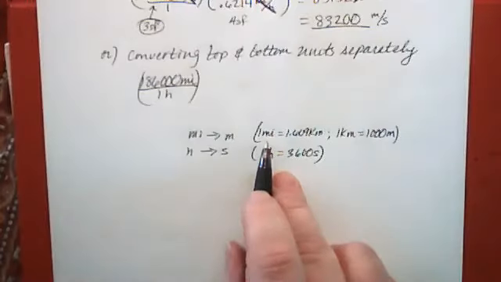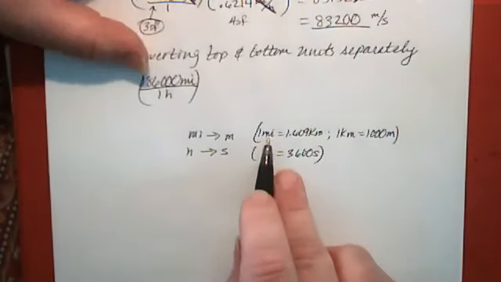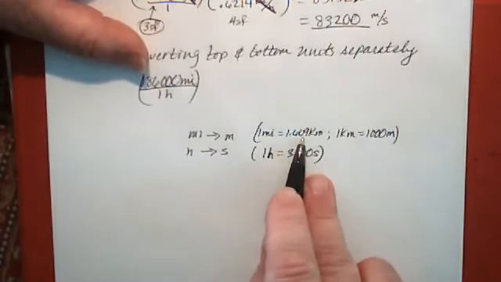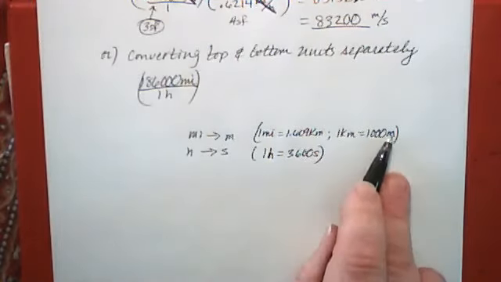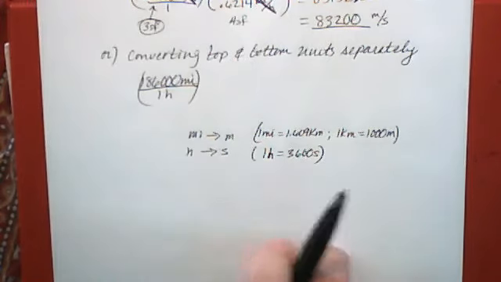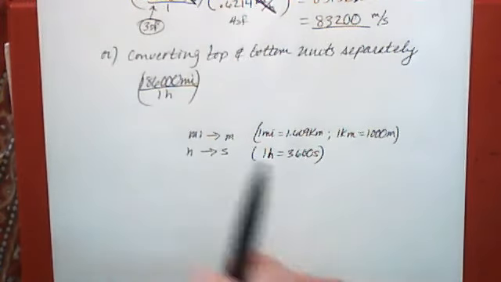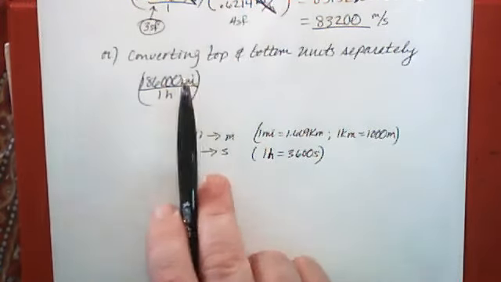So using what the conversion table gives us, there's 1 mile for every 1.609 kilometers. And once we're in kilometers, we can easily change to meters because that's just a matter of the metric prefixes. 1 kilometer is 1,000 meters. So we can try this now.